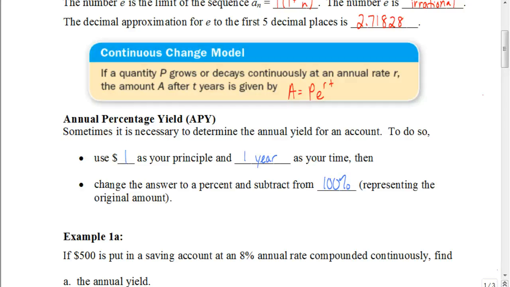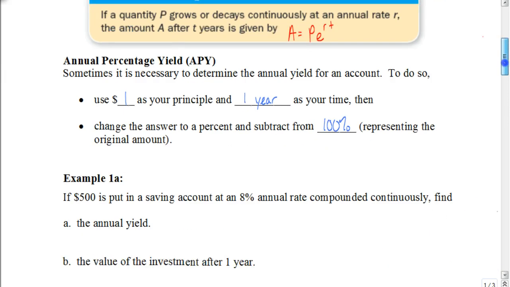We're going to change that answer to a percent, and then subtract 100% from it, because you're going to have an answer like 1.038, let's say. If I change that to a percent, that'd be 103.8%, which means you would have started out with 100%, but the annual percentage yield, what you're gaining on top of that every year, would be the 3.8%. So that's why you subtract 100. So let's look at an example.